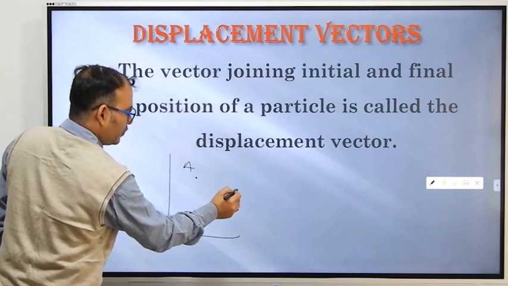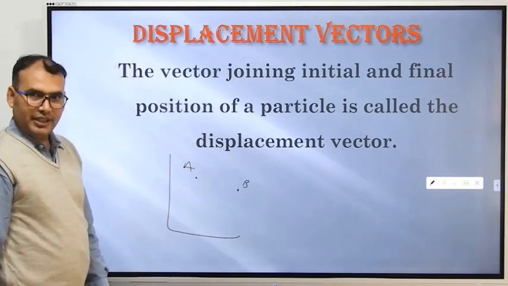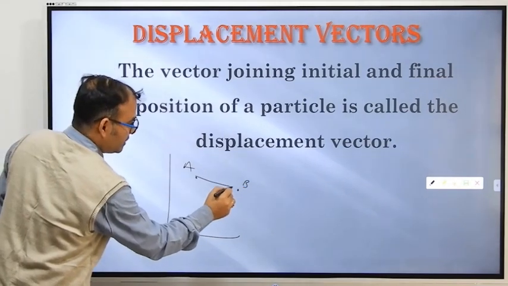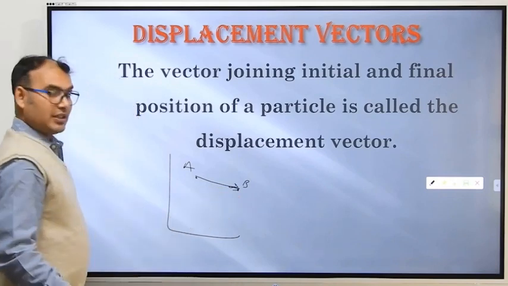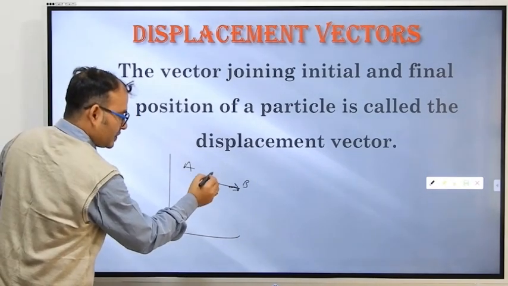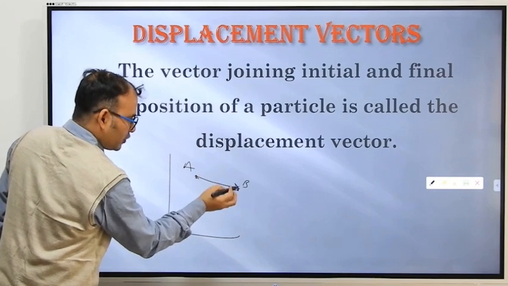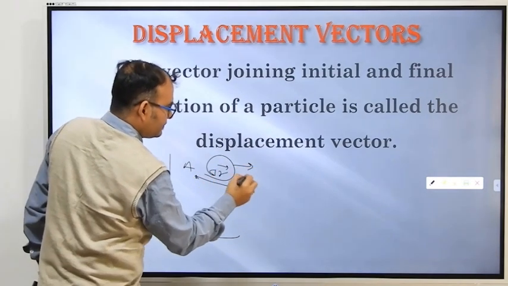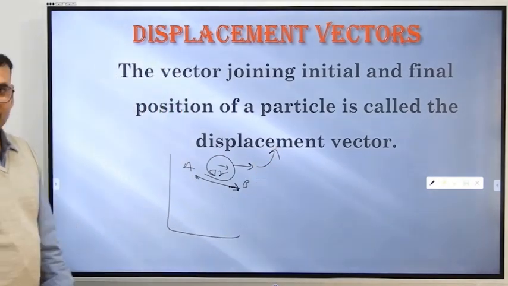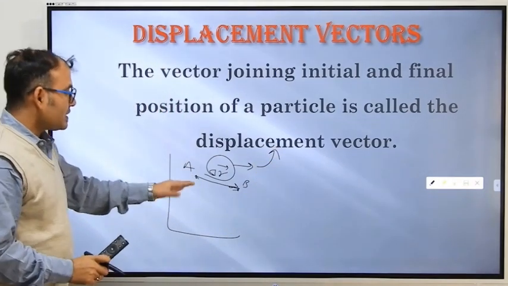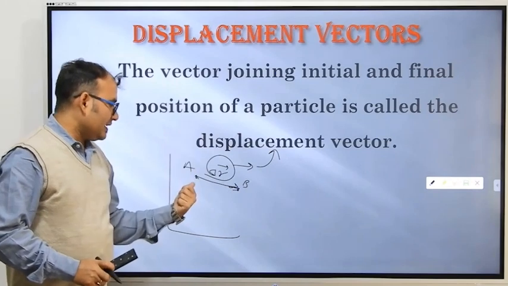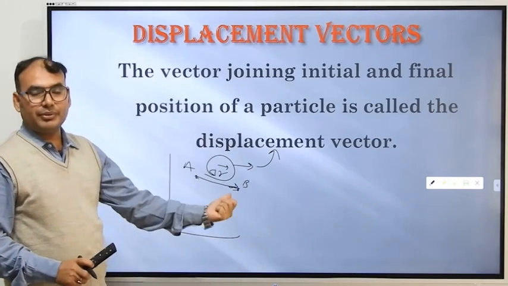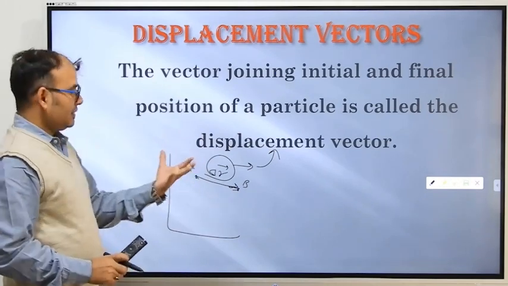And this particle is moving to the point B, fine. Then the vector joining these 2 points is the displacement vector. This vector AB, suppose this vector is del R, represents the displacement vector, right? How? Because it is representing the displacement of the particle. That's why it is a displacement vector.